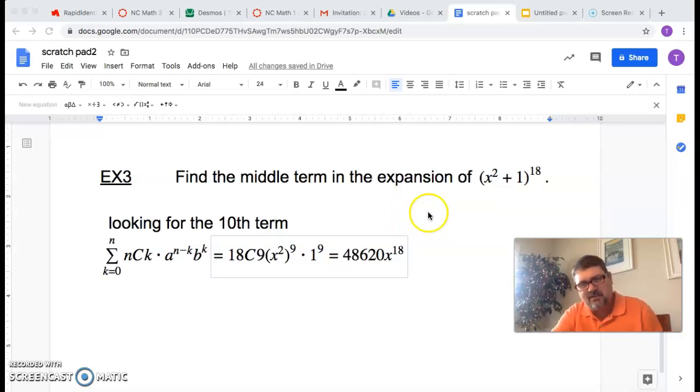So if it's in the middle and has to sum to n, which is 18, it would have to be 9 and 9. That's the only way it's going to happen. So that might be a faster trick. That tells you the value of k right away. So it would be 18 choose 9, and these exponents would become 9 right out of the gate. That's probably the quickest way if you see it that way.